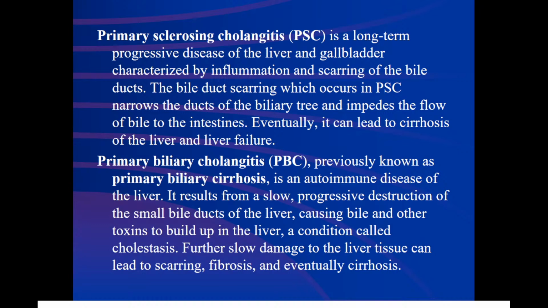But both of them have a poor prognosis, have no specific method of treatment, and in time, both of them progress to cirrhosis. So we have to do diagnosis as early as possible for prophylaxis of fast progression of these diseases.